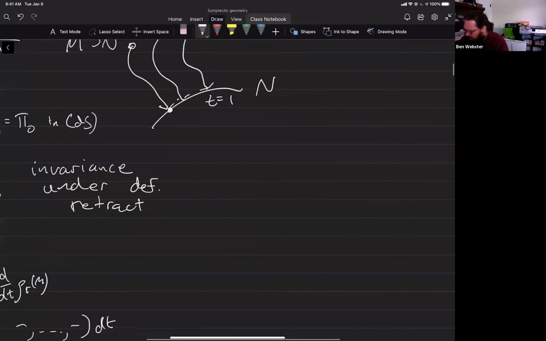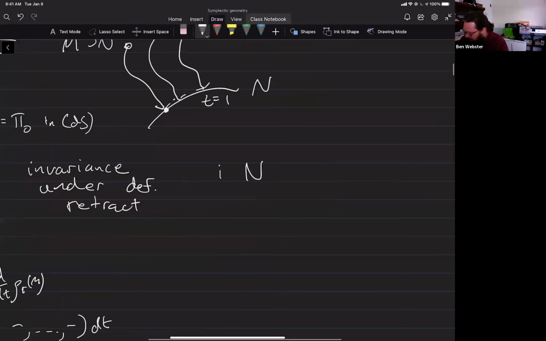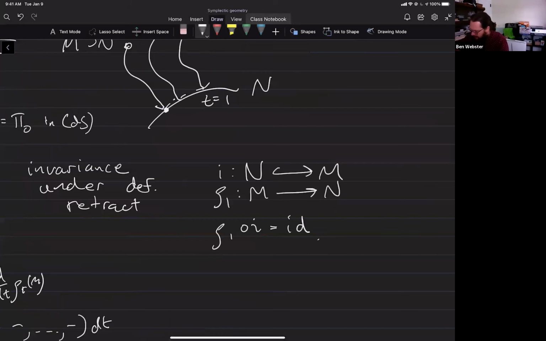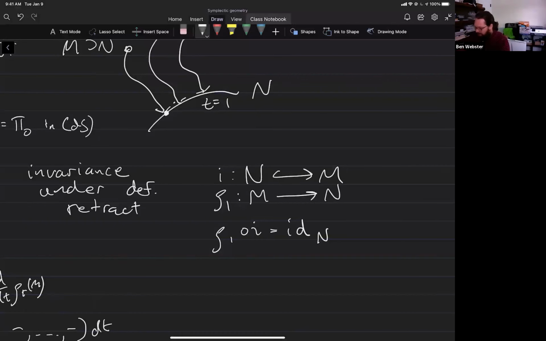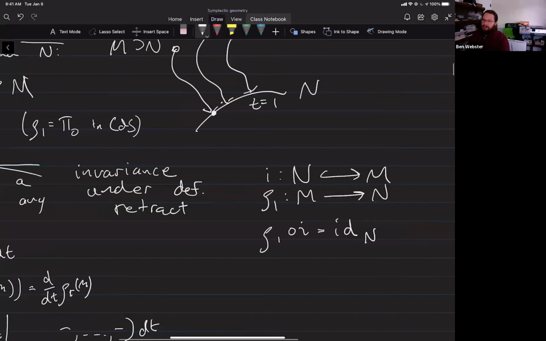Let me remind you, I have i, the inclusion of the submanifold N, and rho 1 is a map from M to N, and these have the property that if I include first and then do rho 1, that's the identity on N. This is an idempotence property, or you could think of it as a section condition, that this is a section of the map.